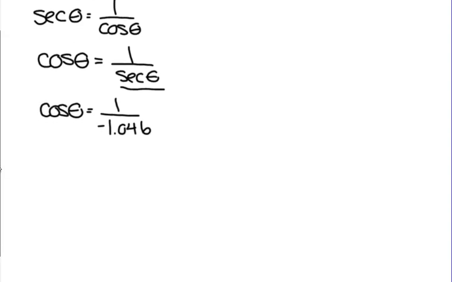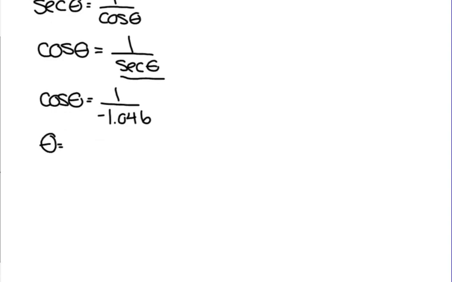If we're looking for our angle, that's going to be our inverse. So inverse cosine of 1 divided by negative 1.046. If you already wanted to do the 1 divided by that, you could, and you can get an actual answer.